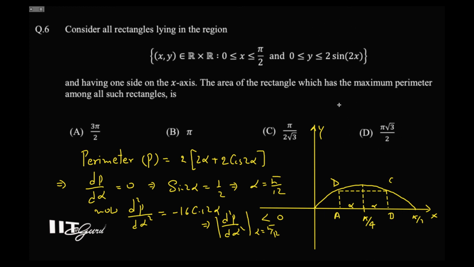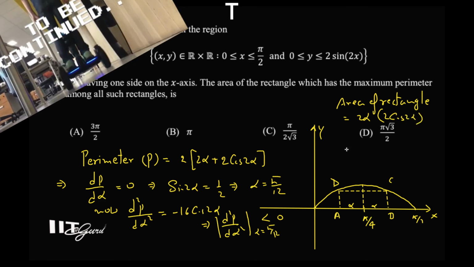So the area of the rectangle can be evaluated as 2 alpha into 2 times cos 2 alpha.